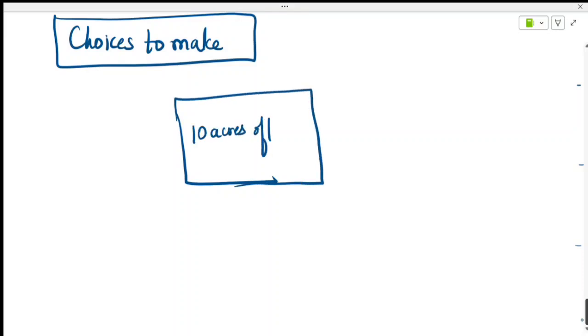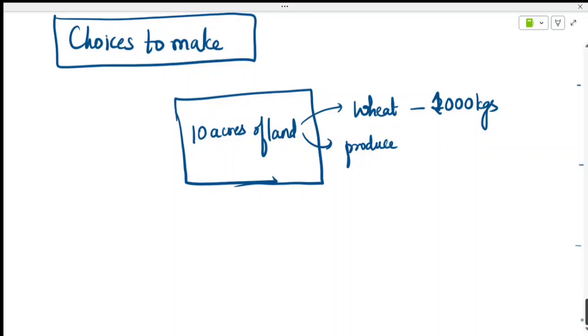In this 10 acres of land, I can grow 1000 kgs of wheat, and similarly I can produce 1000 t-shirts here. So there is some choice, right? Whether I use it for wheat or to produce some t-shirts. So whenever there is scarcity, there will be choices to be made.